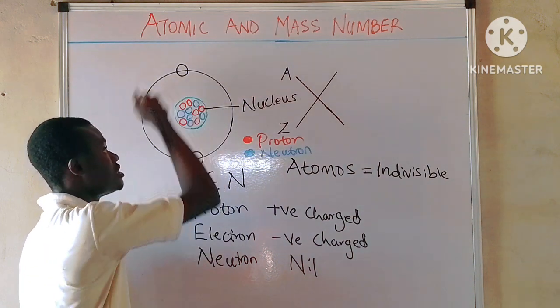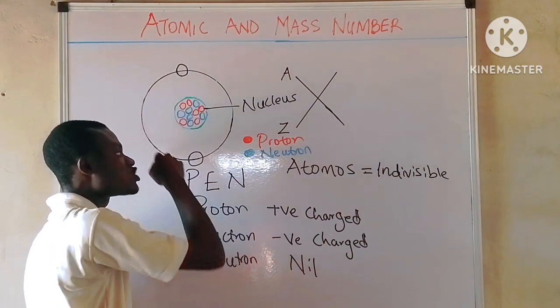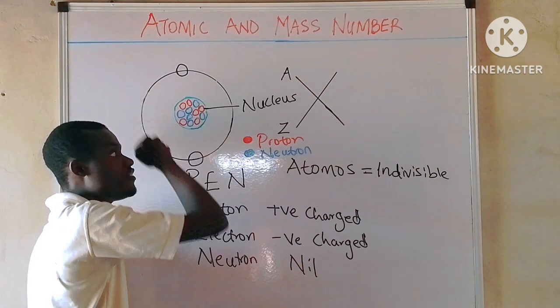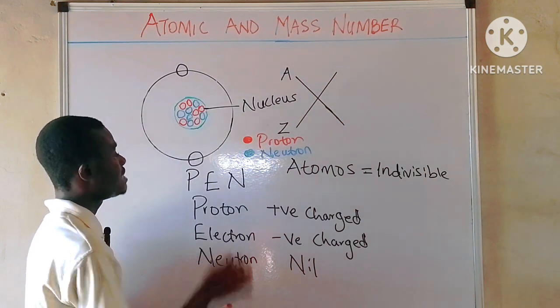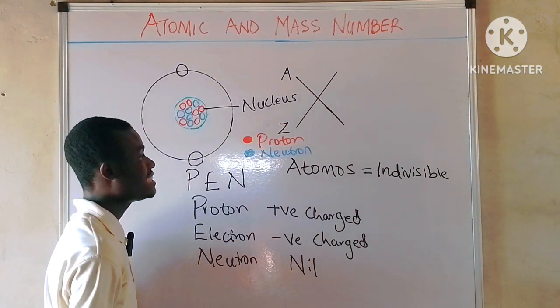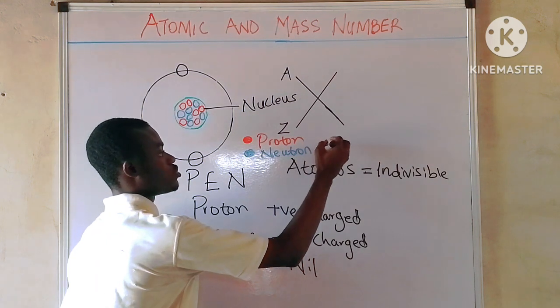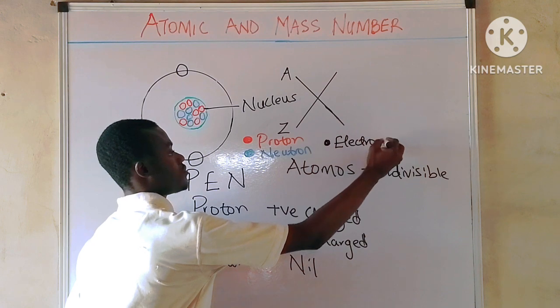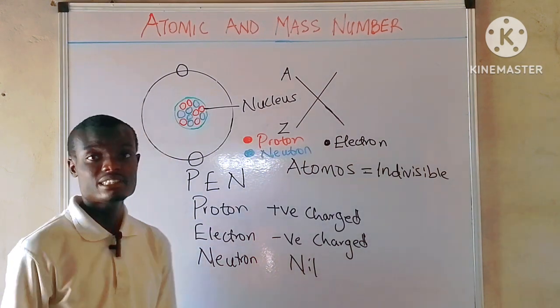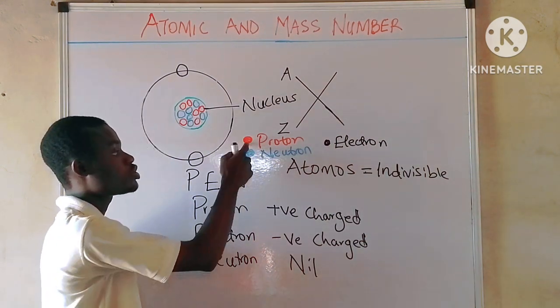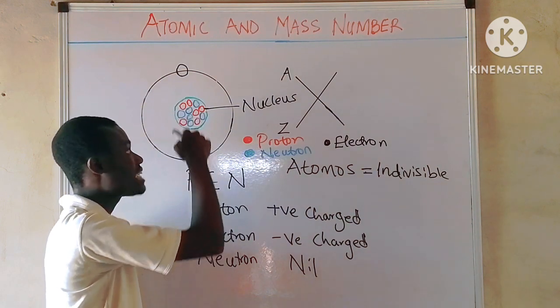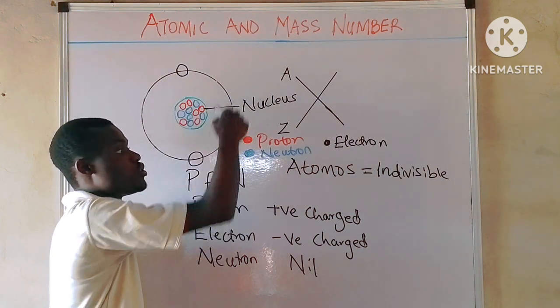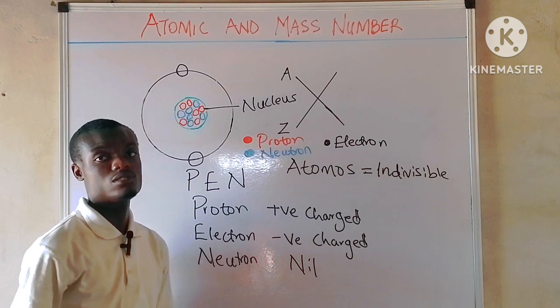Then around this nucleus, we find another subatomic particle revolving around it, and this subatomic particle is regarded as the electron. So in essence, the nucleus is made up of the proton and the neutron, then outside the nucleus, we have the electrons revolving around the nucleus.